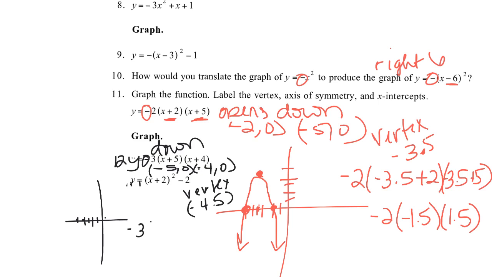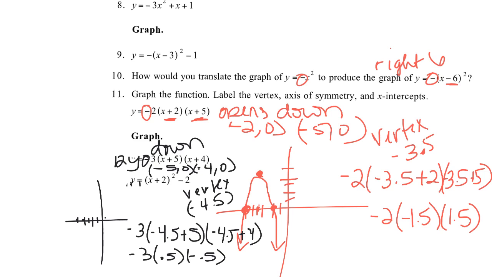So -3 times (-4.5 plus 5) times (-4.5 plus 4), so -3 times 0.5 times -0.5, and that's 0.25 times 3, which is 0.75, and it's positive. So that would be just barely above it, opening down.